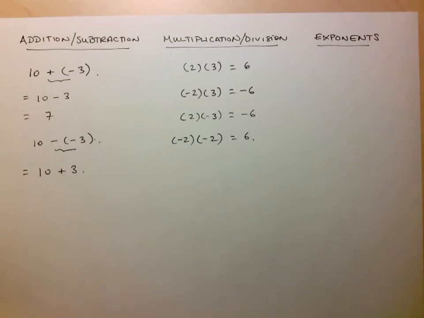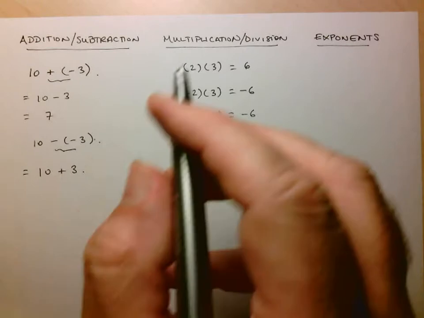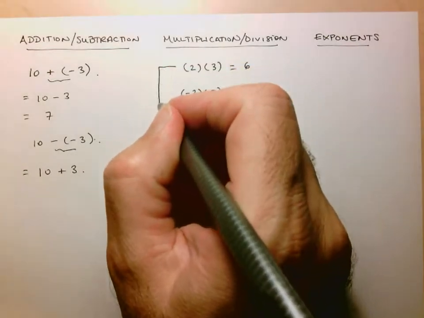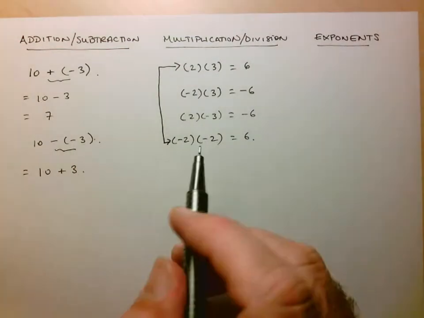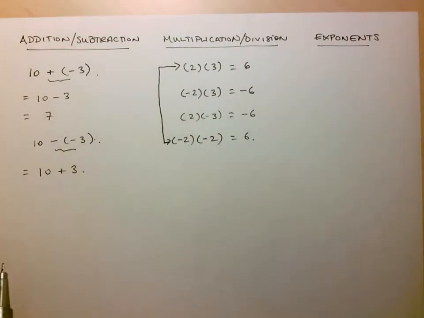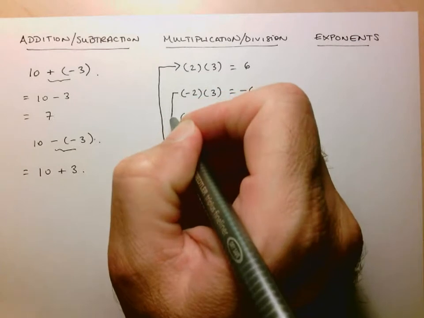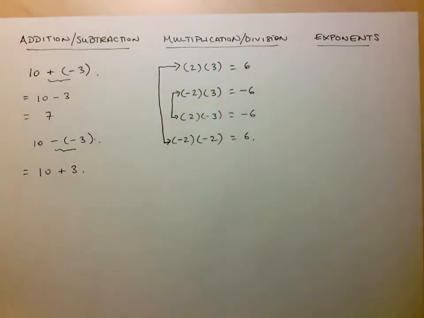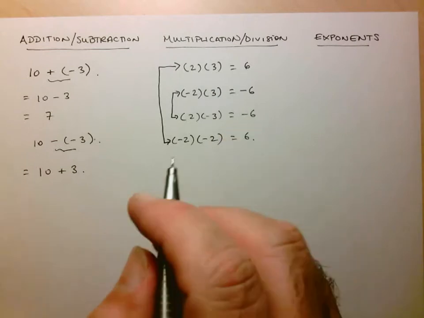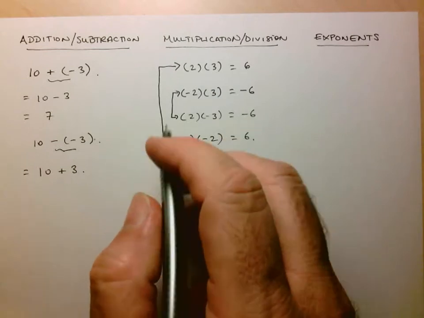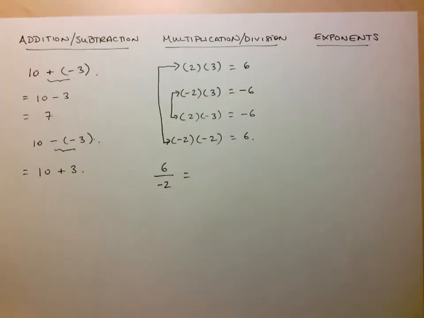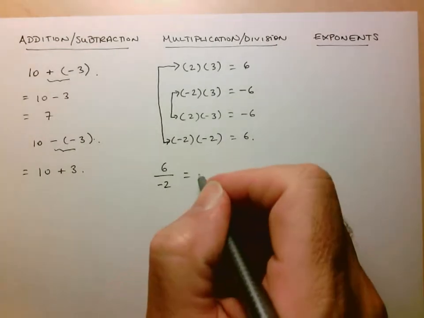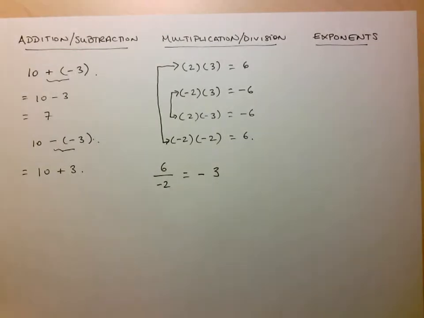One way to remember that is if the signs of the numbers are the same, the product will end up being a positive number, and if the signs of the numbers are different, then the result will be a negative number. The exact same thing occurs if I'm doing a division. So here, if I have 6 divided by negative 2, a positive by a negative, I end up with negative 6 over 2, which is negative 3.